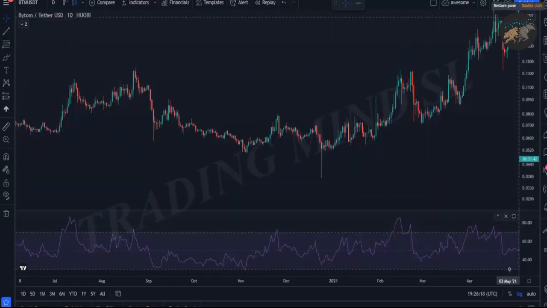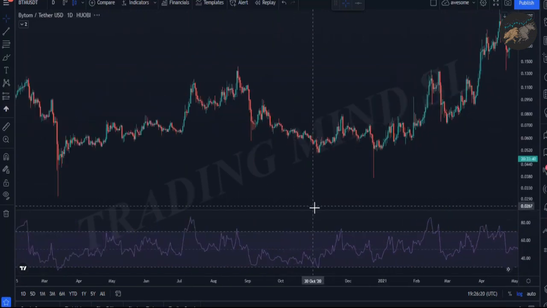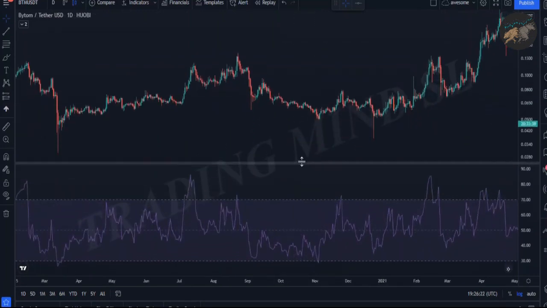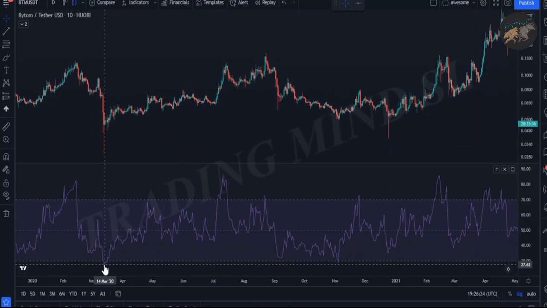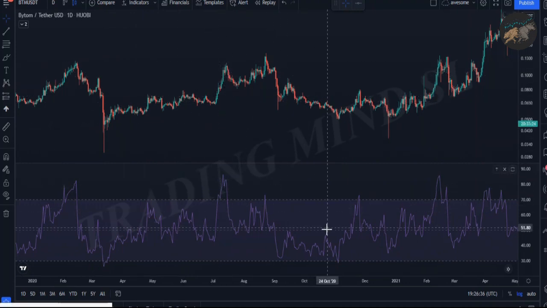Okay. Let's go back to the full chart mode and explain more. As you can see here, it's moving below the 30 line, this could be a buying opportunity. That's right, the price went up, after it crossed the 30 line to the bottom.